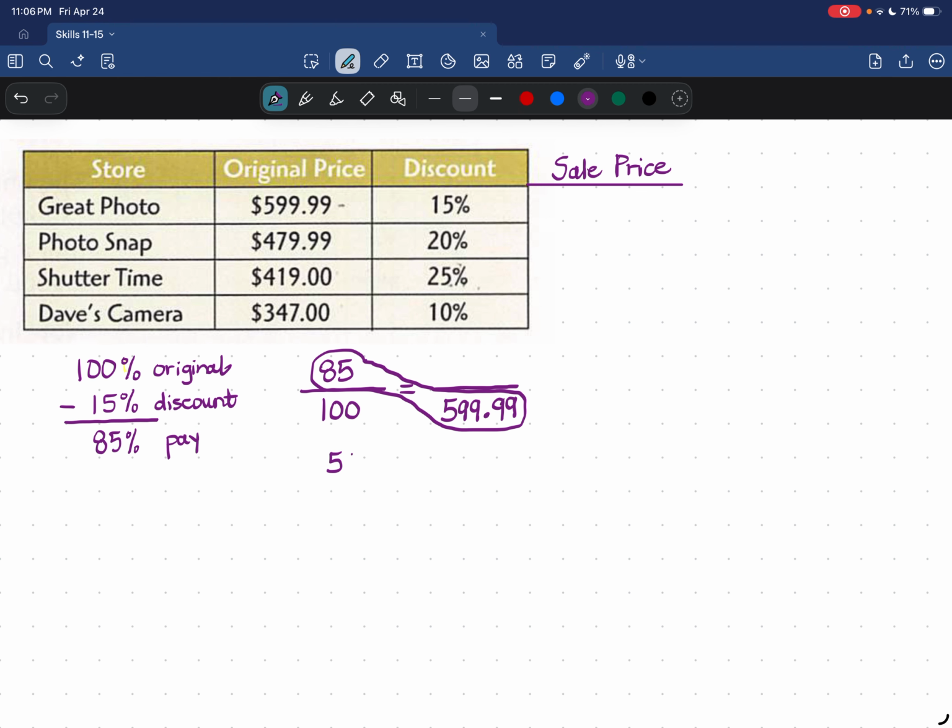It's ugly. We're going to divide it by 100. I don't see why we couldn't have rounded it. So remember, I'm looking for the price that I have to pay. So I'm going to call this about, if you round that, it is about 509. Let me just put it up here. 509.99. That's a Great Photo.